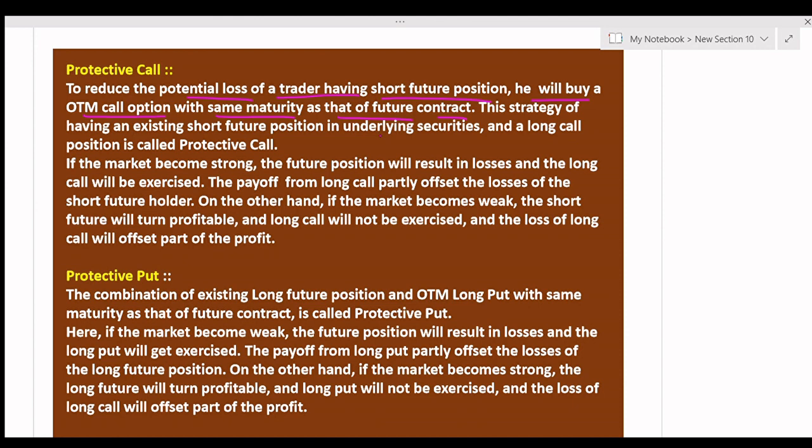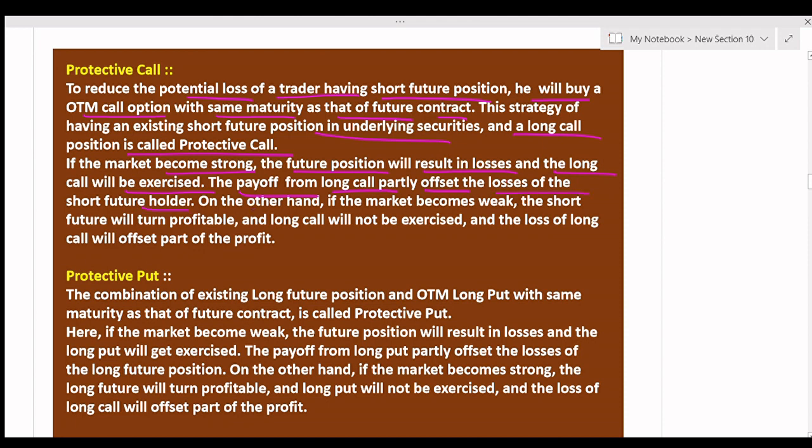Here it is a short future position with a long call option. This strategy, having the existing short future position in underlying securities and a long call position, is called protective call. If the market is strong, the future position will result in losses and the long call will be exercised. The payoff from the long call partly offsets the losses of the short future holder.